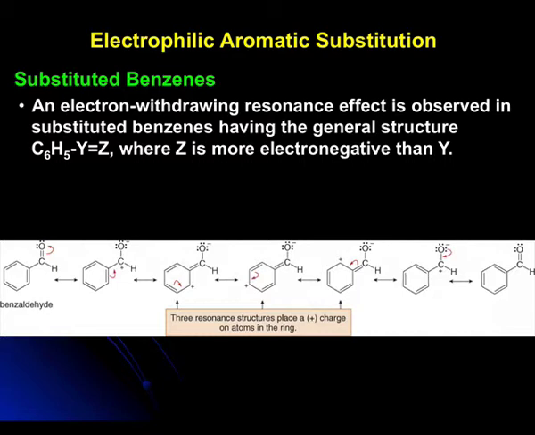If I have an electron withdrawing group on my aromatic ring, something that can pull out electrons, usually by resonance, that's going to direct the incoming electrophile to positions 3 and 5. So it's very important in these reactions that you be able to identify what type of substituent you have on the aromatic ring, whether that's an activator or a deactivator, and that'll let you know how that new group is going to come in.